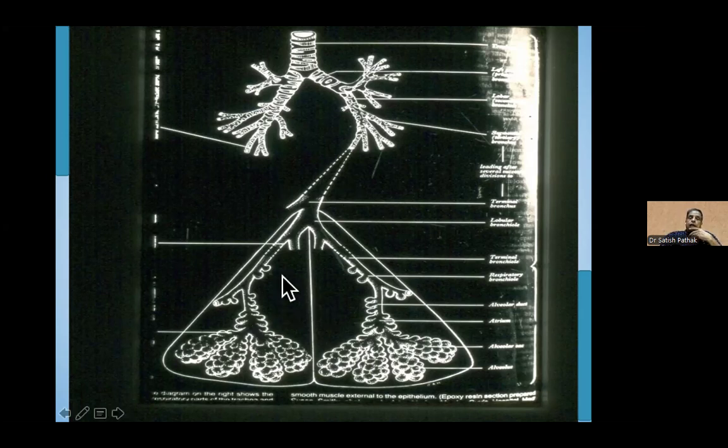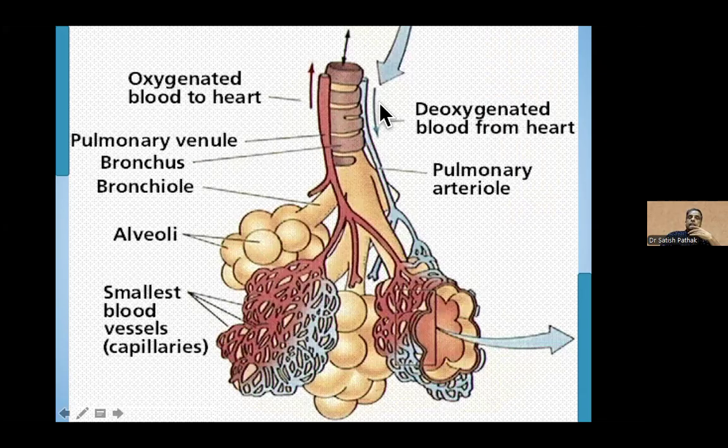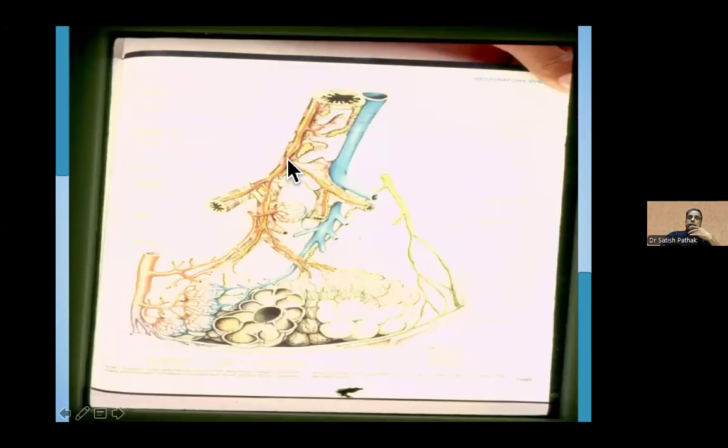Now these alveoli contract and relax, and this is the artery and this is the vein. Through this comes the impure blood which contains a lot of carbon dioxide. When it comes over here and air comes through this into the alveoli, there is an exchange of carbon dioxide and oxygen.